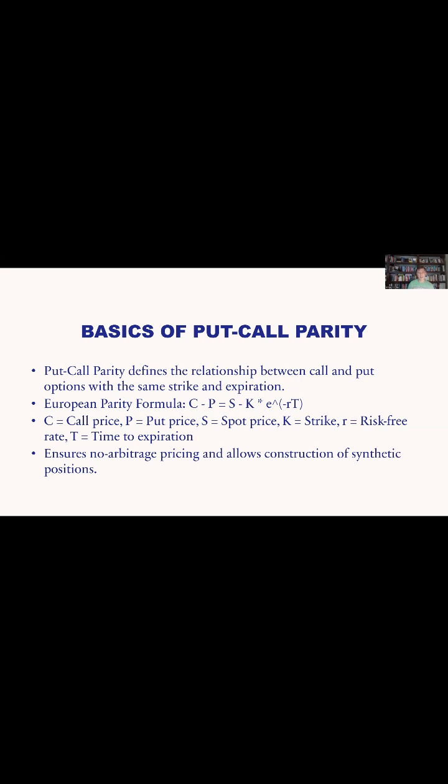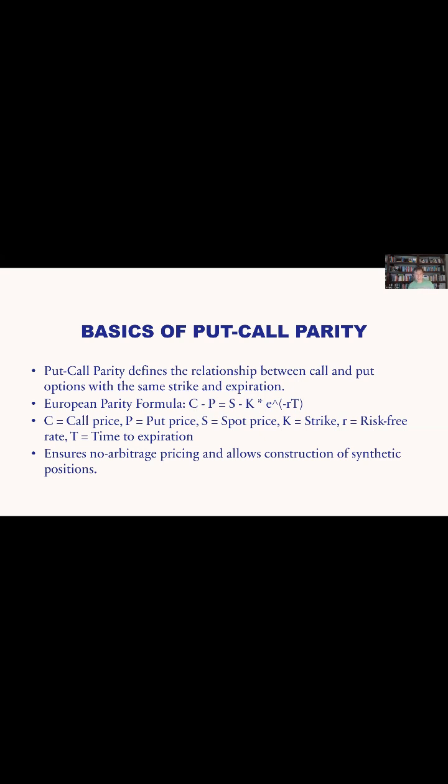So it could be a year, 6 months, 3 months, whatever matches up with the durations of the calls and the puts. And it's really important to see that, so we can run through a very quick example. So C minus P is going to be equal to, and let's say that the strike price for C and P is 100 and the individual security stock price is also 100.